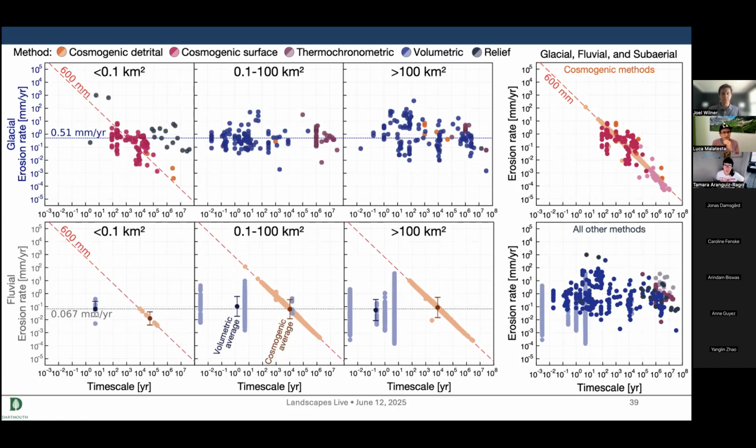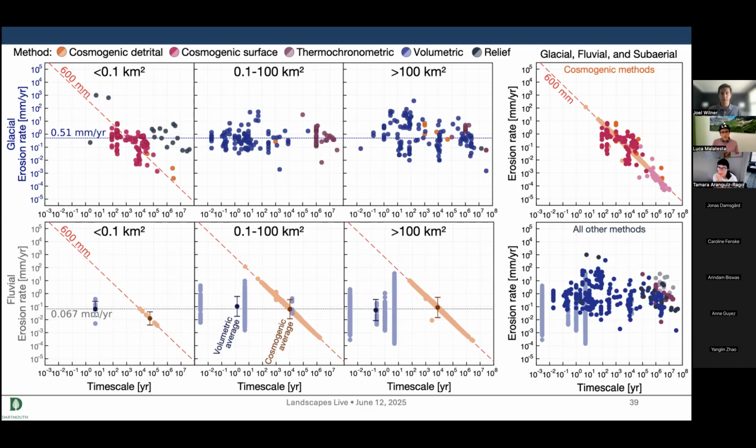Exactly. So here we see, just to contextualize again the question of Kai, most of the points that you have are those labeled cosmogenic surface, right? And then you have these orange points that are the cosmogenic detrital. So the cosmogenic surface are these point measurements?